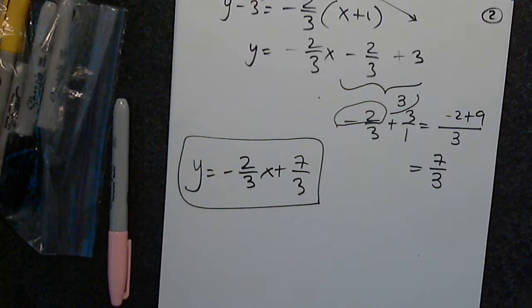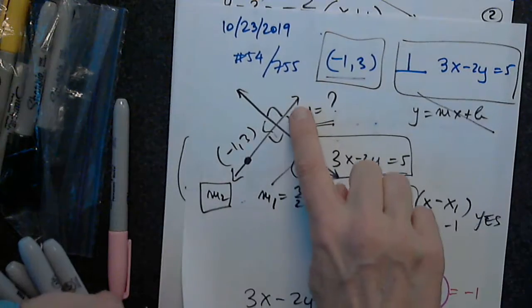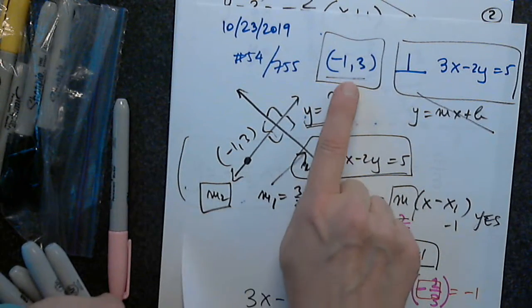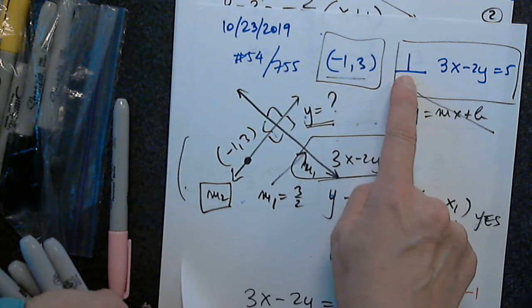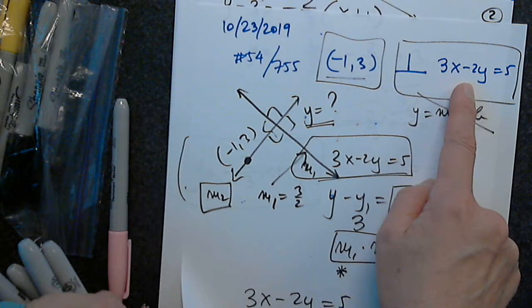So again, what is this equation? It's the equation of the line passing through negative 1, 3 and guaranteed to be perpendicular to the given line. Is that clear? You said this equation is passing through negative 1, 3? That was given to us from the very beginning. So this is the equation of the line that is passing through this point and guaranteed to be perpendicular to this line.